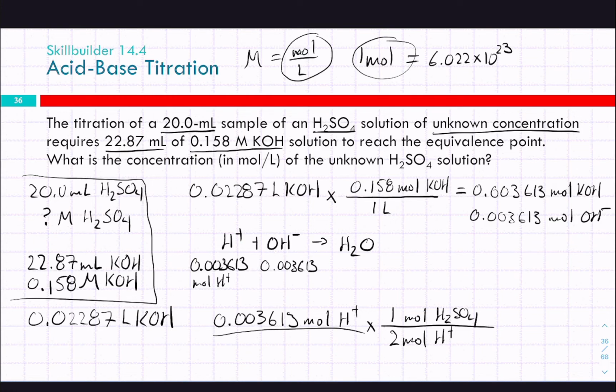This is kind of like if you had 100 top hamburger buns and 100 bottom hamburger buns, how many hamburgers can you make? Or maybe slices of bread is better? All right, so we take our number and divide it by 2. We get 0.0018, we'll call it 0.0018 moles H2SO4.